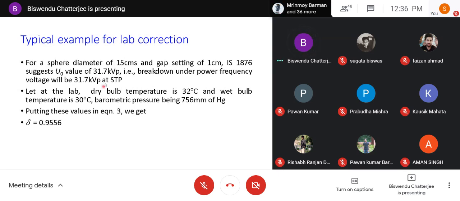See, for a 15 centimeter sphere and gap setting of 1 centimeter, that was 31.7 kV peak at STP. Now let us say in the lab the dry bulb temperature is 32 degrees Celsius and the wet bulb is 30 degrees. Pressure is 756. These are the lab conditions I have measured. Now putting this value in equation 3.